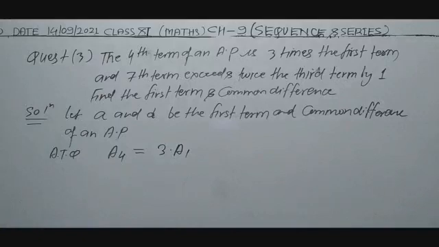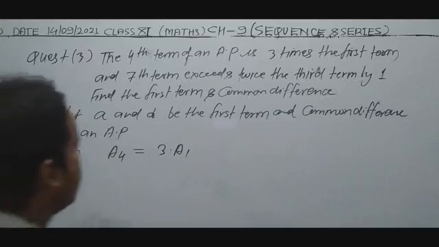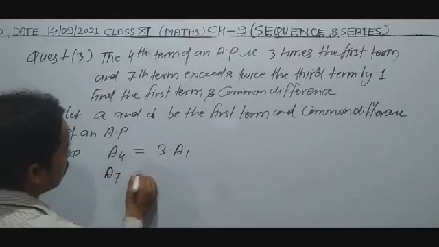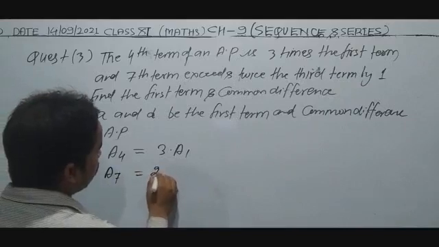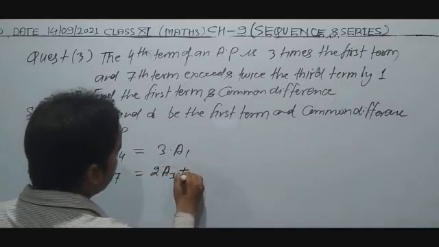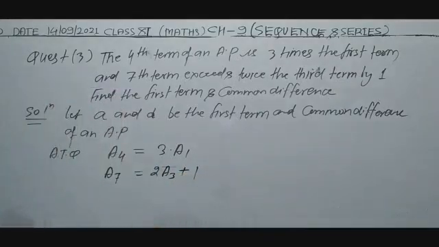Similarly, the seventh term exceeds twice the third term by 1, so A7 is twice the third term plus 1.